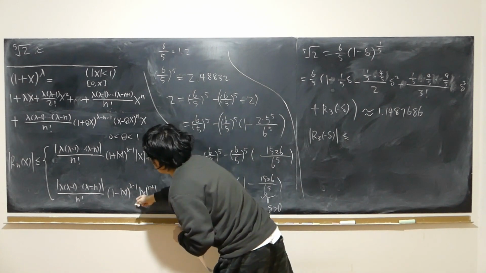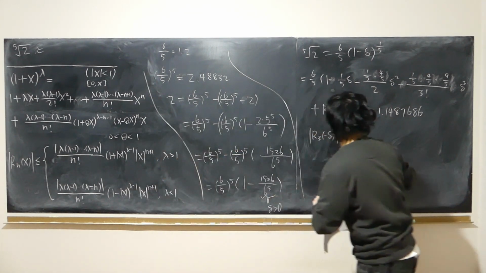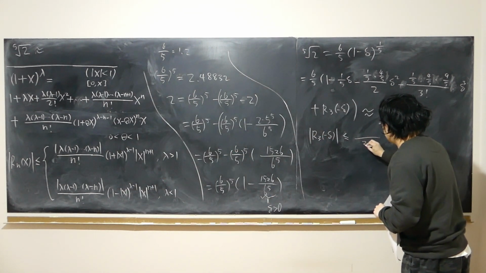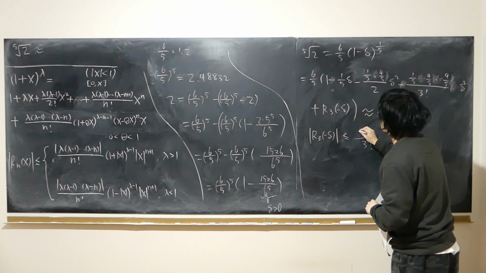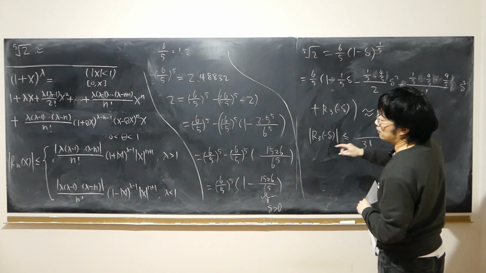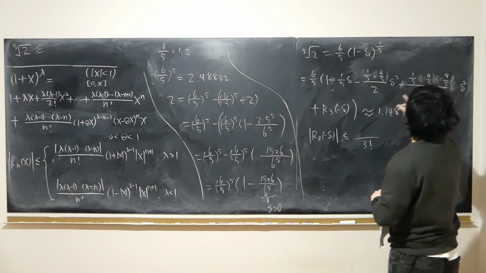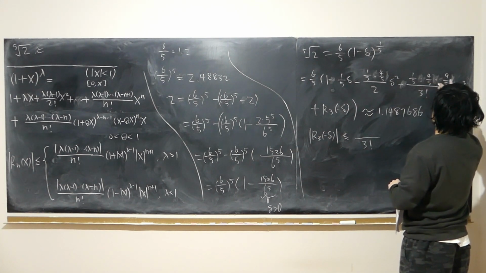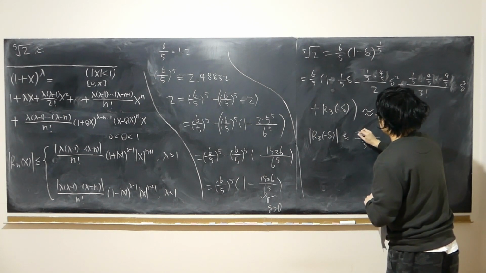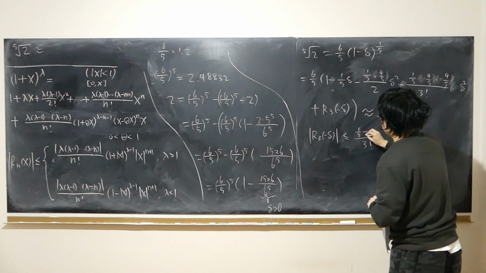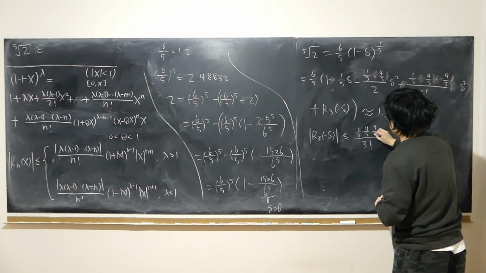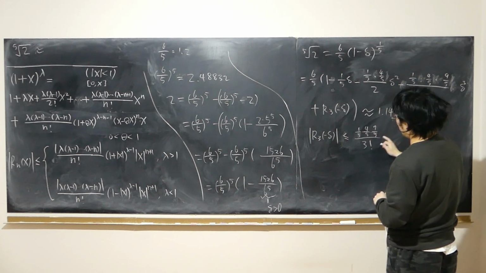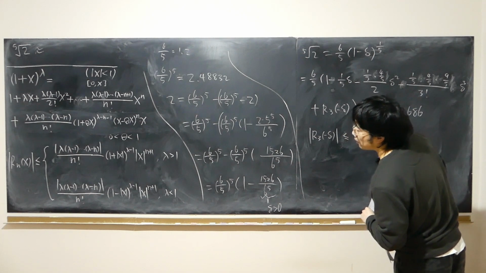So this estimation: 3 factorial, lambda times lambda minus 1, lambda minus 2, absolute value. That is, I think, this thing, times 4 over 5 times 9 over 5. Everything is positive.